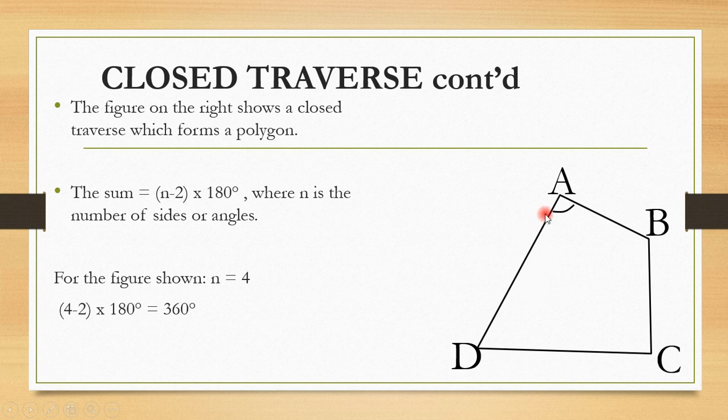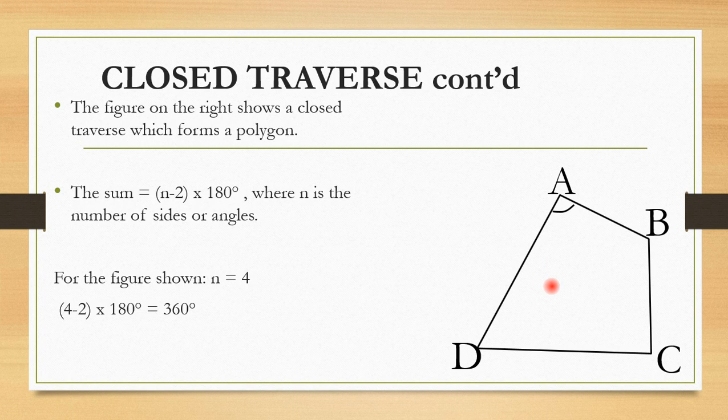The adjustment is normally distributed equally. Let's assume that the difference between the angle sum we find using this formula, in this case 360, and the one that we have surveyed is less by 20 degrees. Sorry, not by 20 degrees, by 20 seconds.